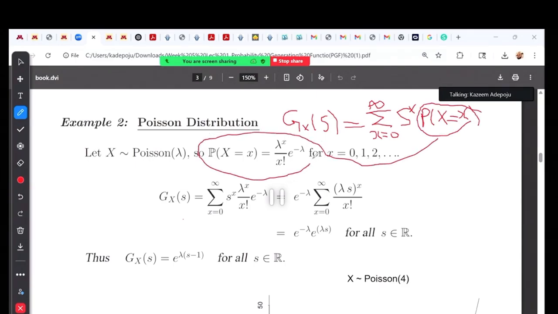Can you see that? If I plug that in, I'm going to have this. I'm plugging in the probability distribution for Poisson. This is what I have.